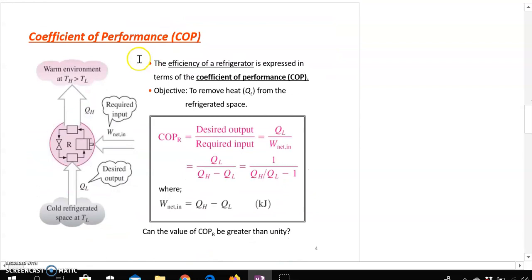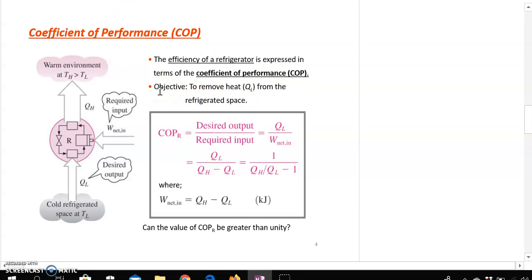Now we normally measure the efficiency of a refrigerator in terms of the coefficient of performance. Our objective for a refrigerator is to remove heat from the refrigerated space, so QL is our desired output. The equation is COPR, refrigerator, equal to desired output divided by required input.